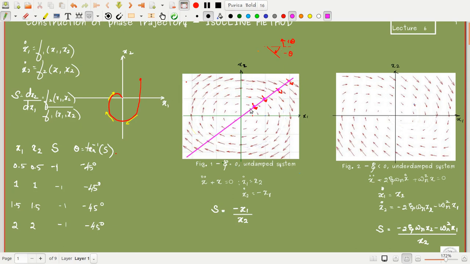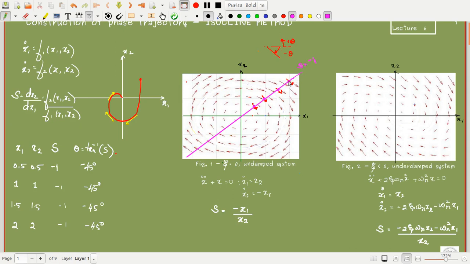There is a straight line equation. That means the slope is in fact a straight line relation between x1 and x2. So this is the line. I will write here s equal to minus 1.